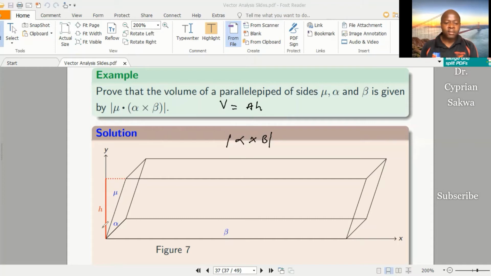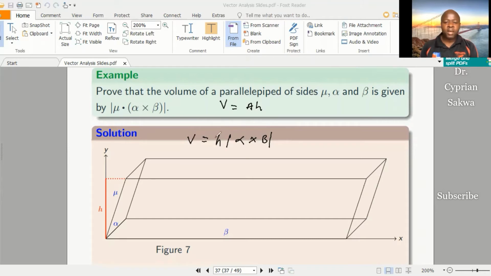And our height is this, h, and our base area is this. So how do we then show that volume is given by that? That means you just need to substitute height, so that volume is now given by height times this.